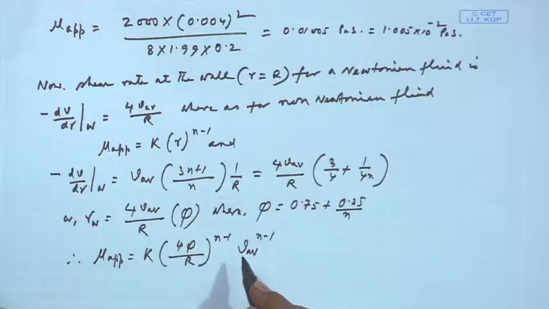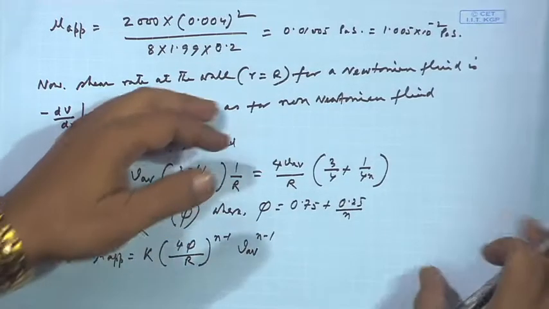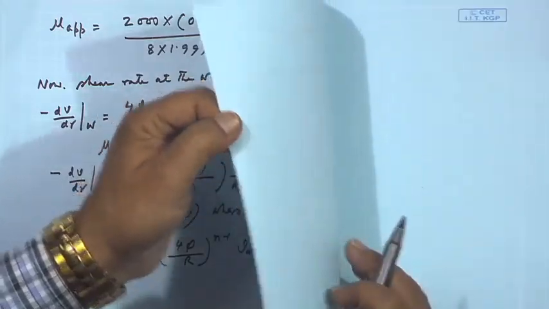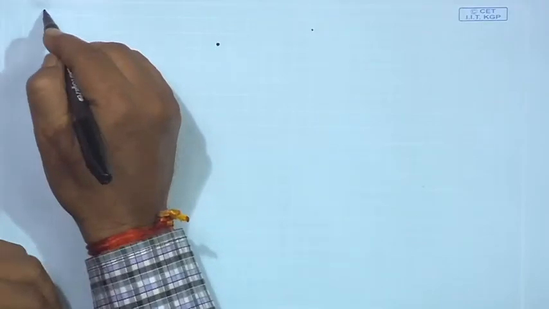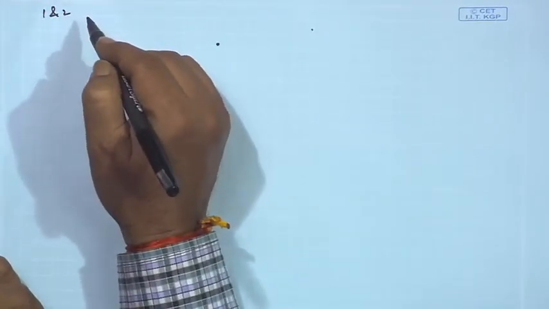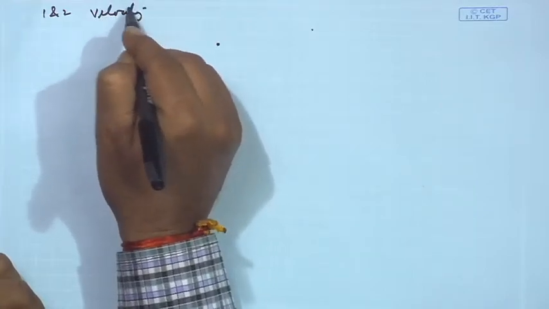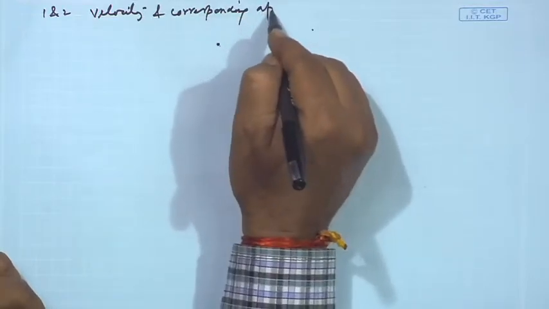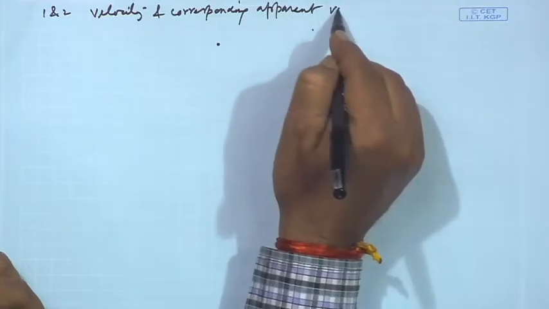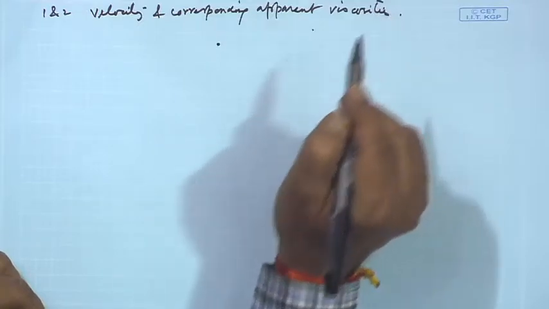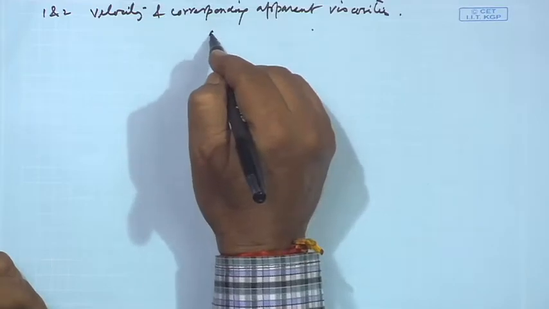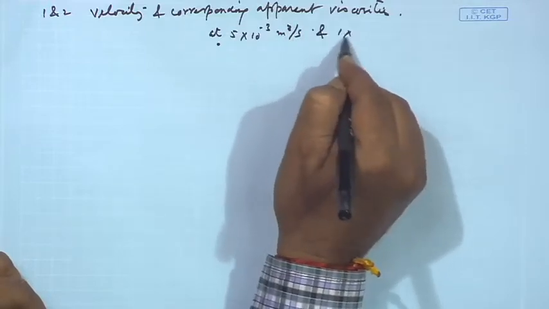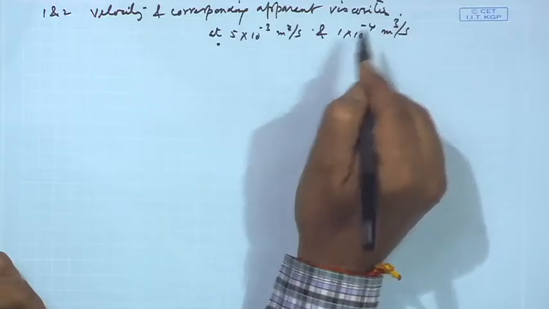Now, if we use 1 and 2 as subscripts for velocity and corresponding apparent viscosity, then this is at 5 times 10 to the minus 5 meter cube per second and 1 times 10 to the minus 4 meter cube per second, right.